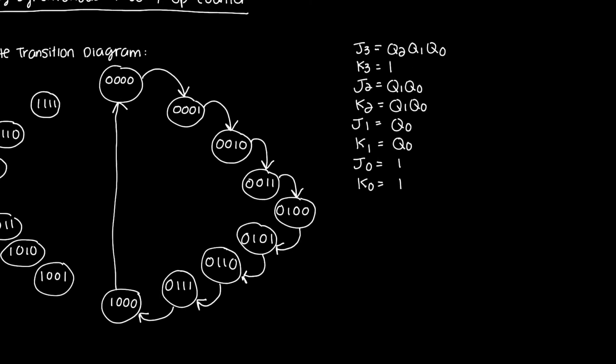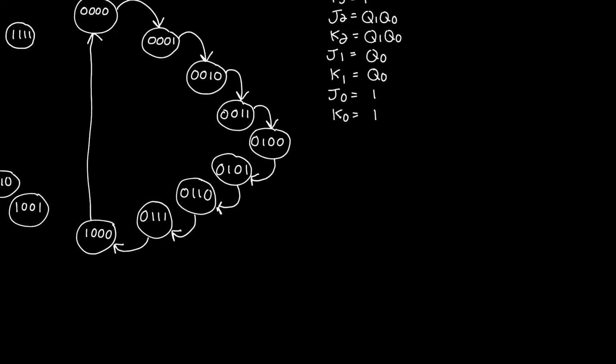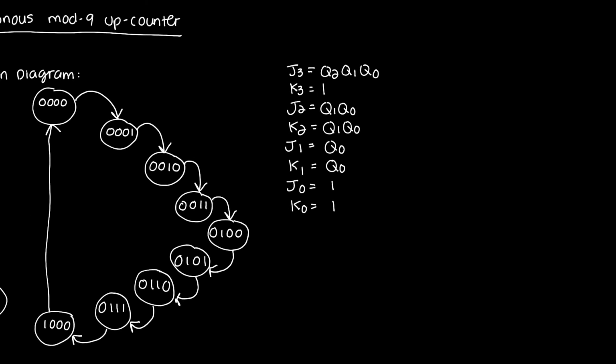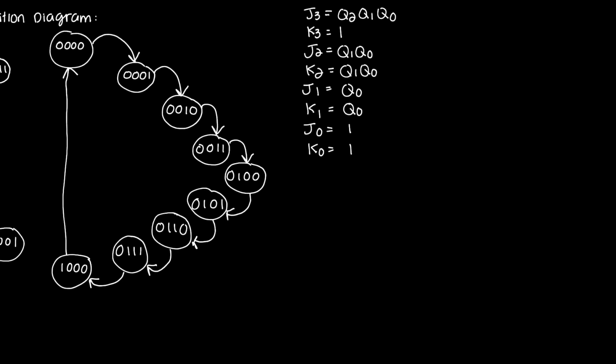What I'm going to do is a kind of reverse excitation table where I know the present state. Let's draw it down here. Let me label clearly what we're doing here.